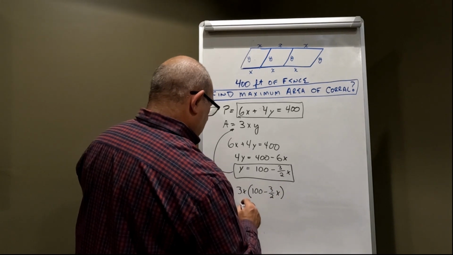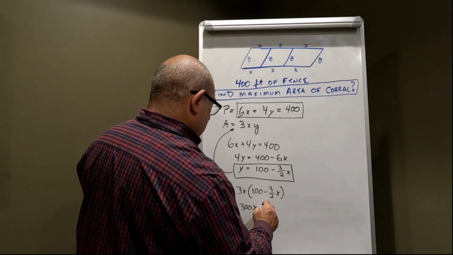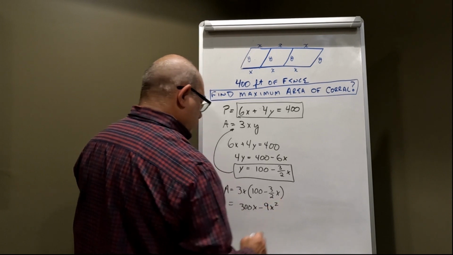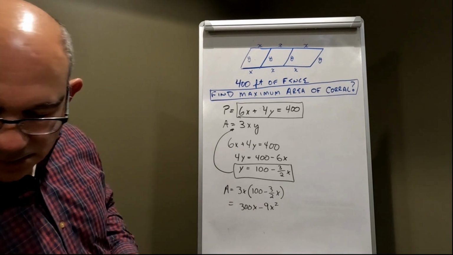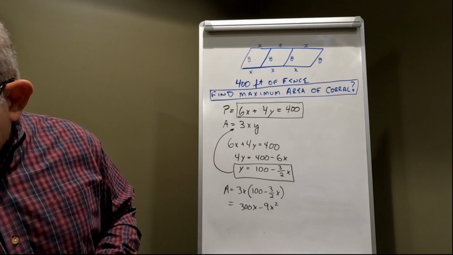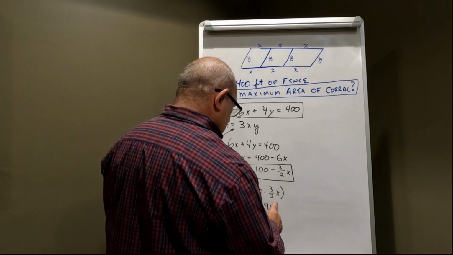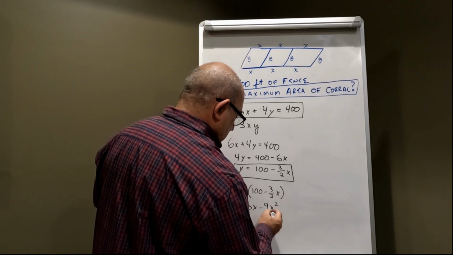And that equals 300x minus 9 halves x squared.